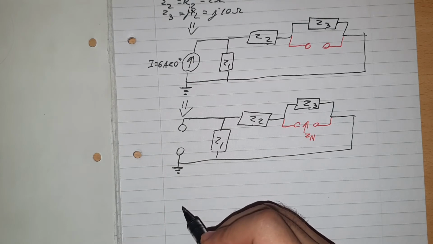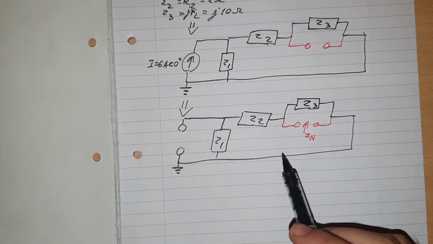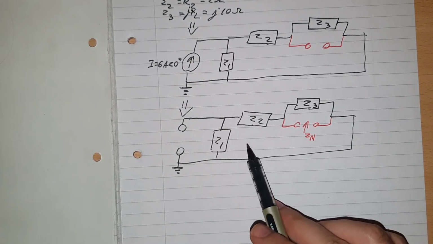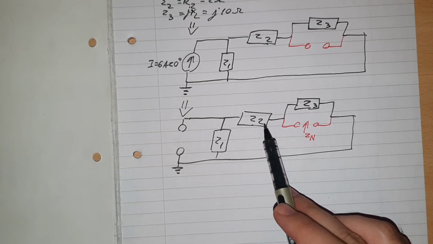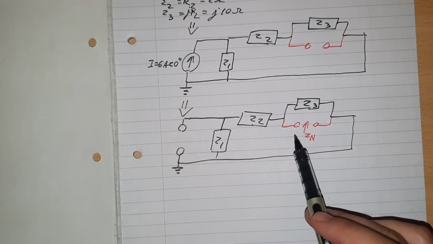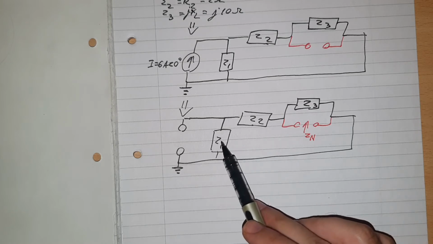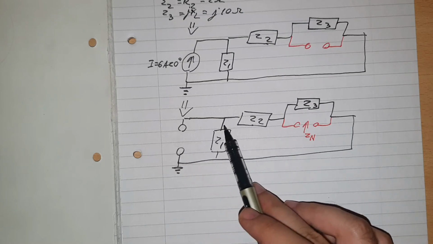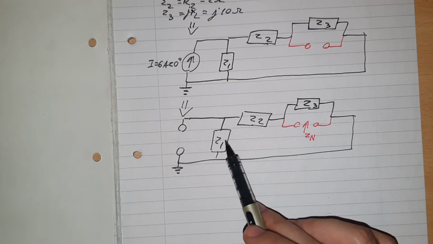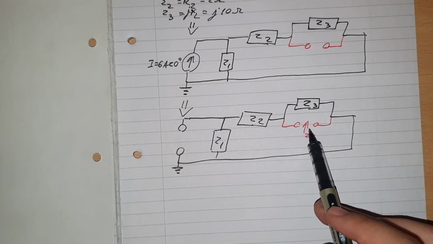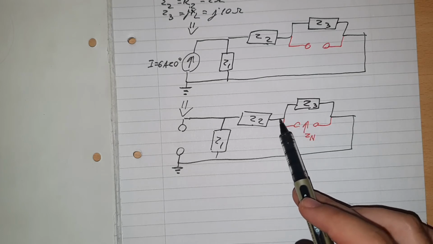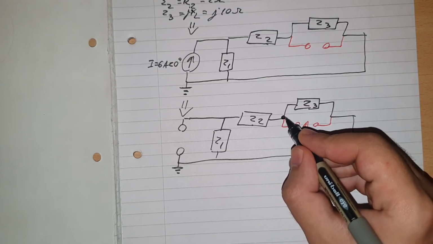Now let's see what we have here. So this is opened, and this is opened, so there is nothing between those two. But even though this is opened, we need to find the Zn value inside this zone, so this one will still be a junction.